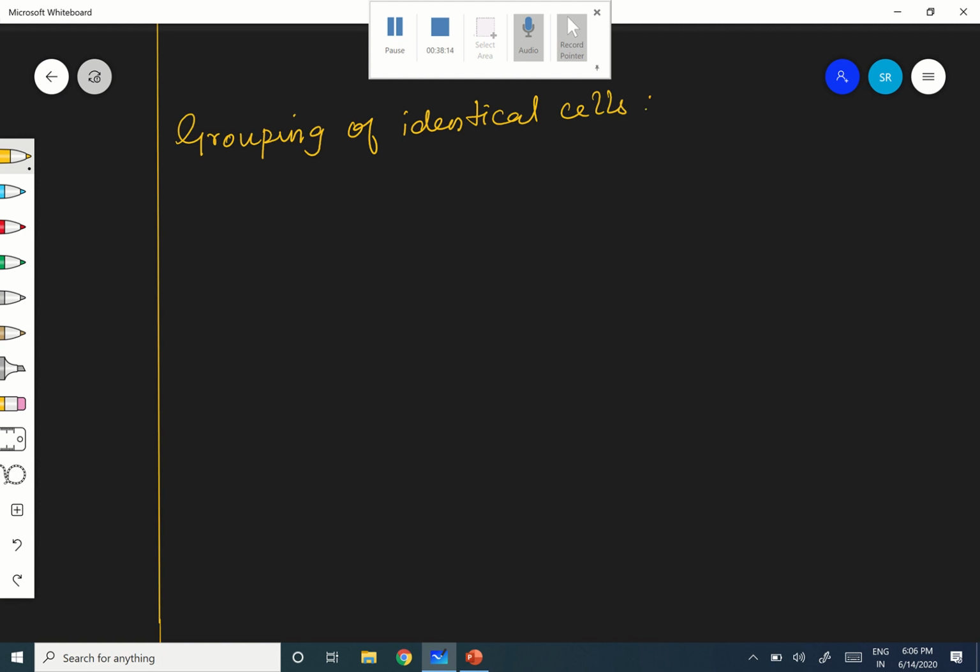Okay, I have cells in series. Let me have n number of cells, all identical cells, all connected in series.